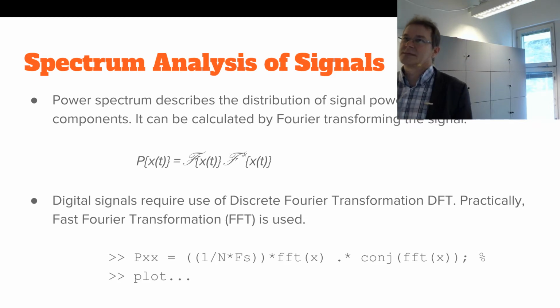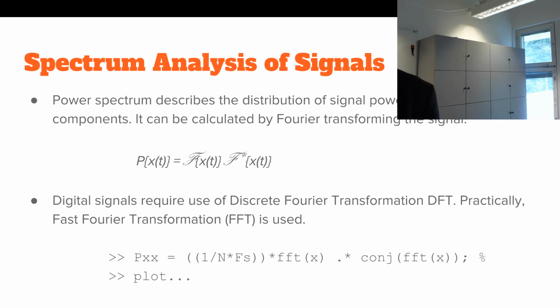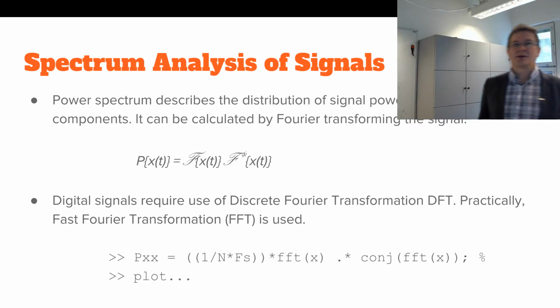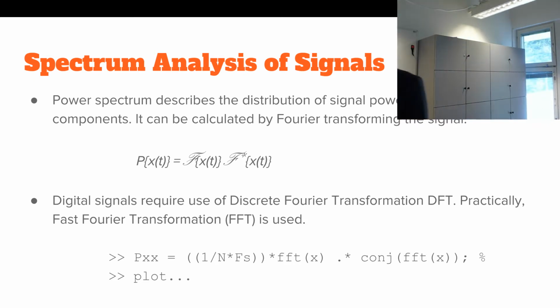So the power spectrum of a signal is simply the Fourier transform of the signal multiplied by the complex conjugate of the Fourier transform of the signal, or the Fourier transformation of the autocorrelation function.